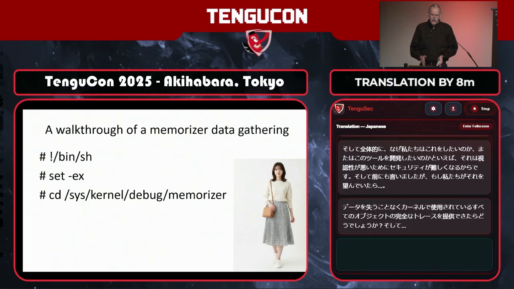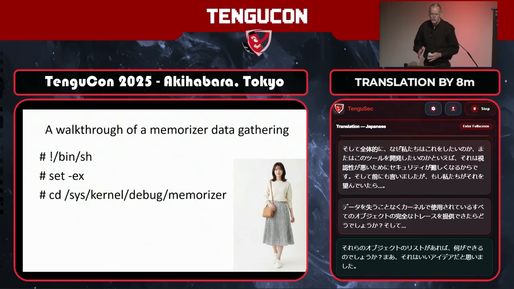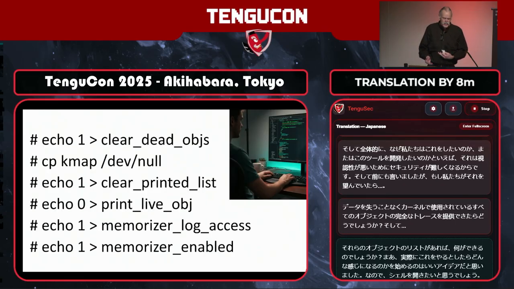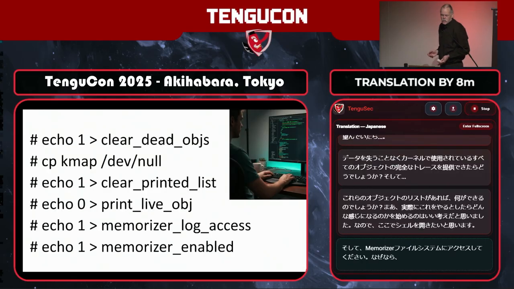I thought it would be a good idea to begin with what it would look like if you were actually going to do this. So you want to open up a shell and go into the Memorizer file system, because there are commands that you would need to run.